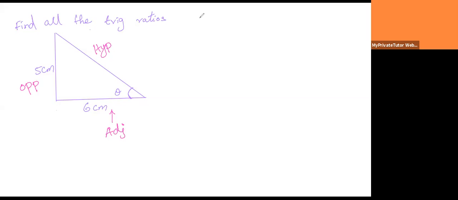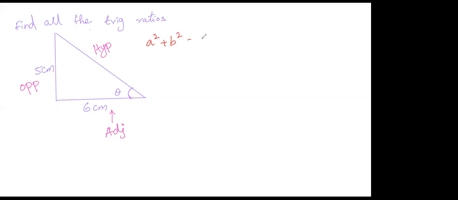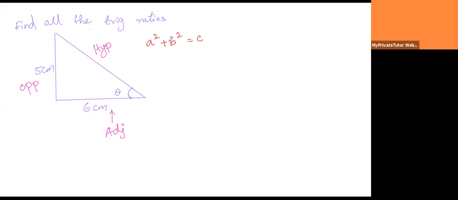Yes, exactly. Which is a square plus b square equals c square. Or you can write c square at the start. I hope you know that c is the longest side, and a and b are the opposite and adjacent sides. So 5 square plus 6 square.